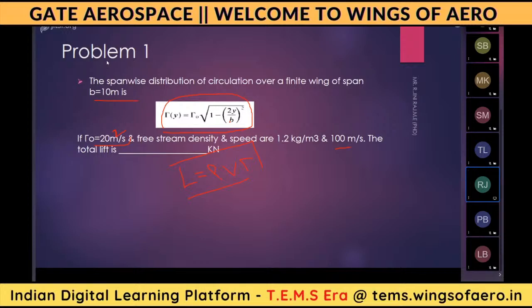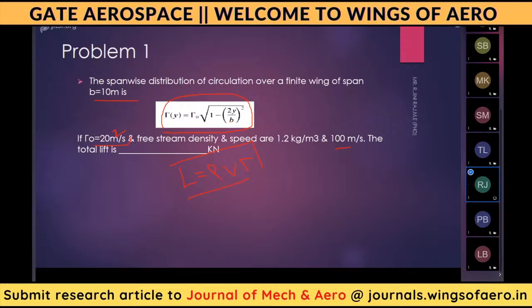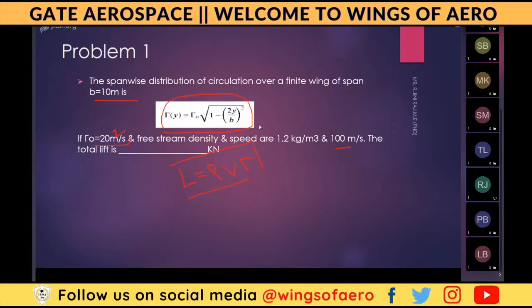Excuse me, sir. In that formula, the b value has been given, sir, but what about the y value? Okay, the y value we know: y equal to b by 2 cos theta. Oh, okay, understood, sir.